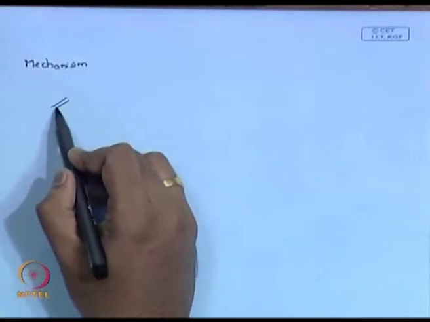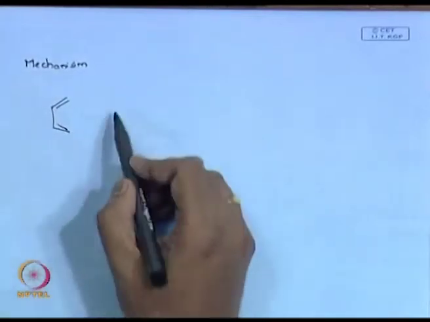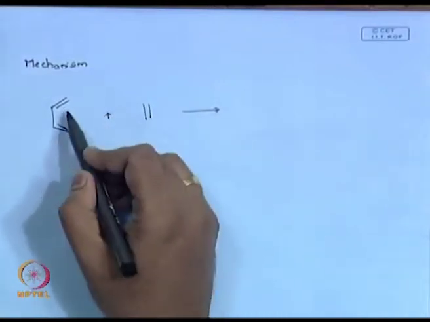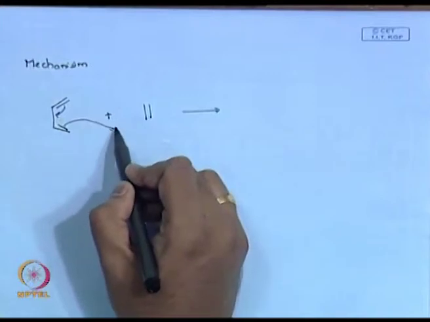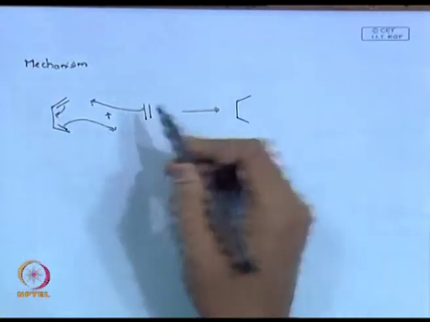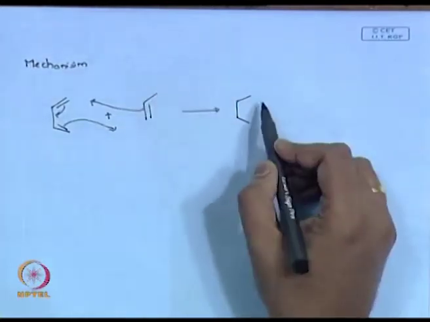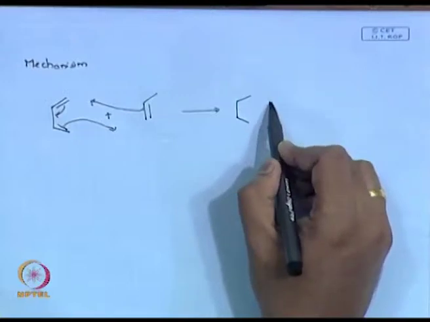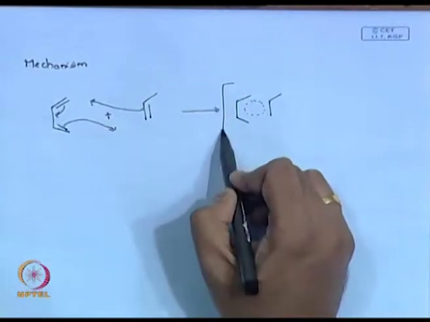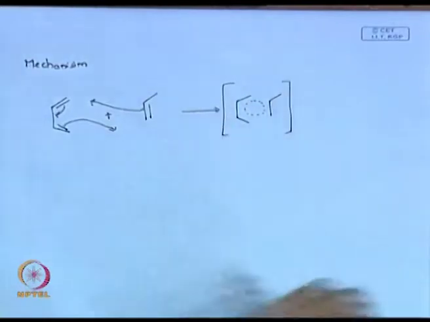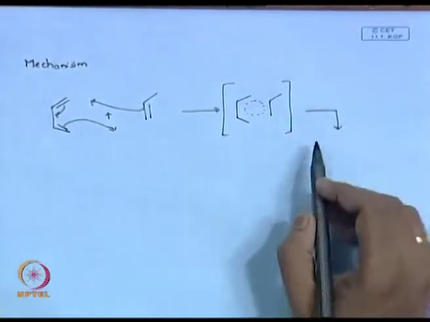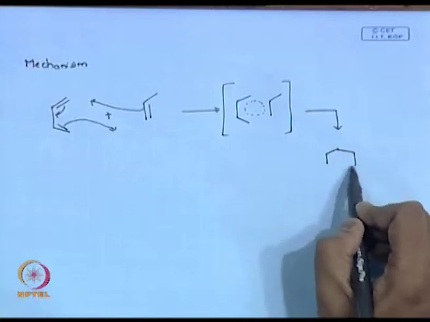It is nothing but a simple thing: you take a diene system and an alkene, and you get a sort of six-membered transition state. You can think about this transition state very nicely, and this will give you the final product.